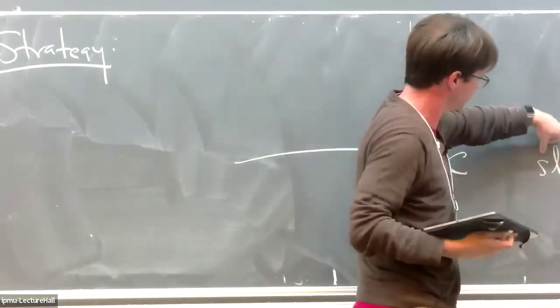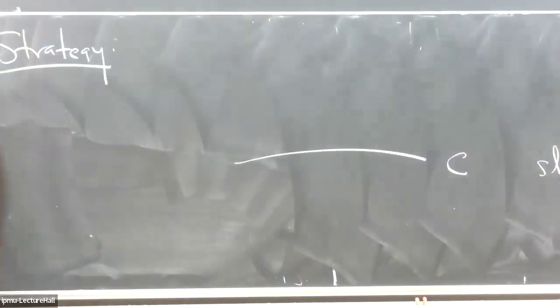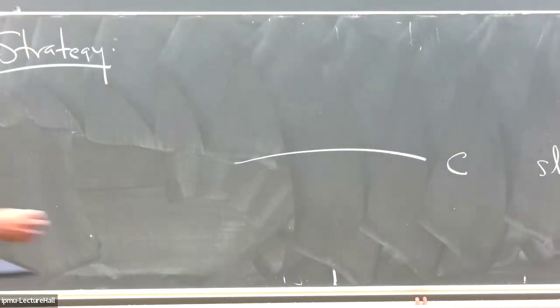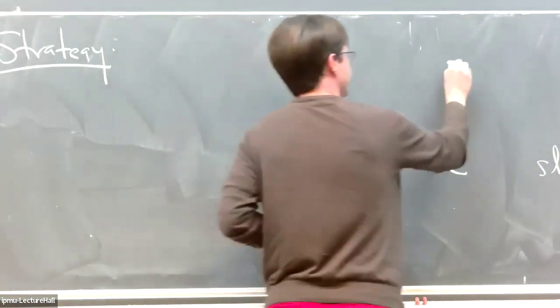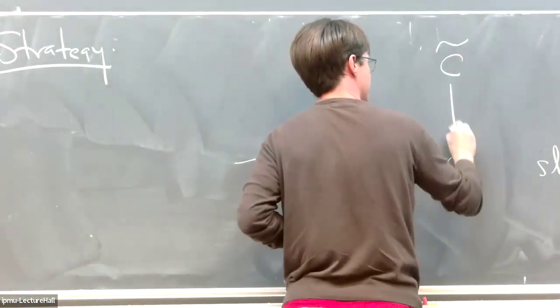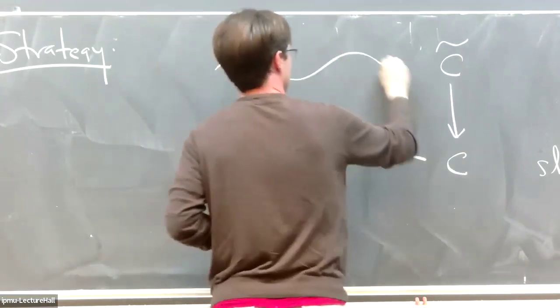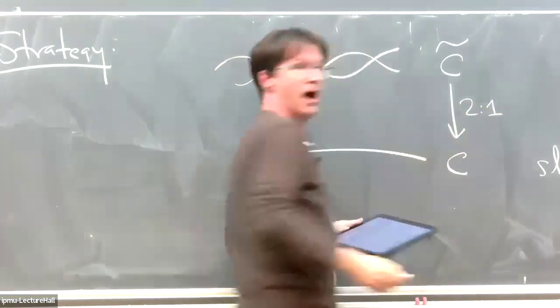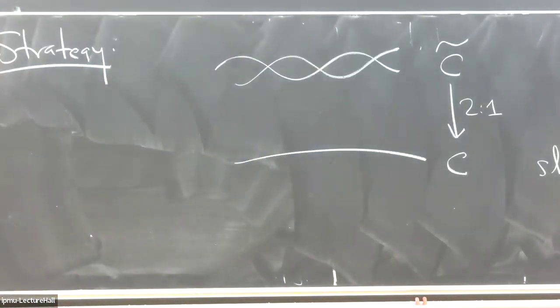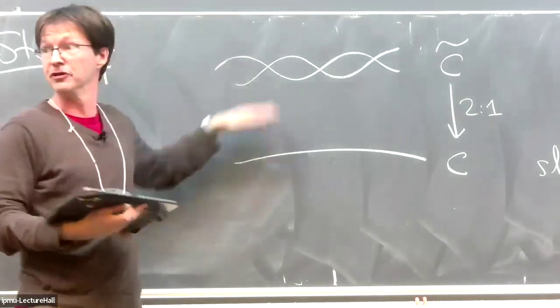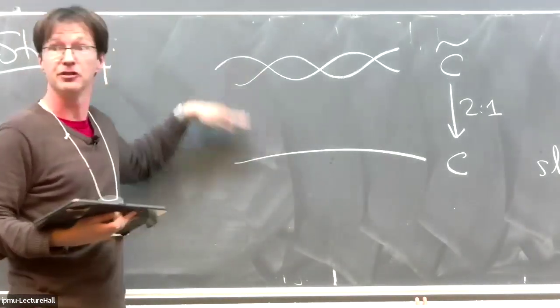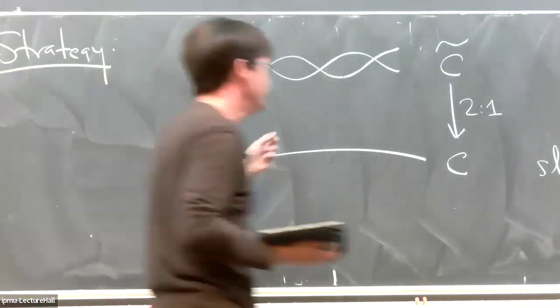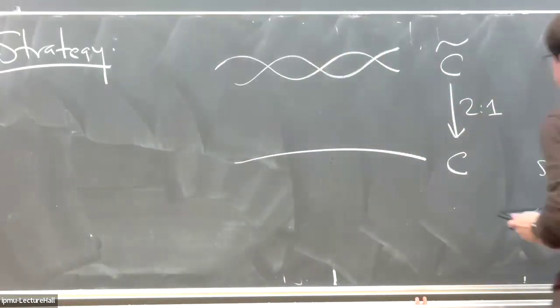It's the quantization of the SL2 Teichmüller space. The idea is that this problem is hard, but we're going to relate it to something simpler that lives on a branched double cover. And that branched double cover, in fact, will be like a Hitchin spectral curve. So it'll be something which could have been the spectral curve of a Higgs bundle, although we won't use the Higgs bundle too explicitly today.